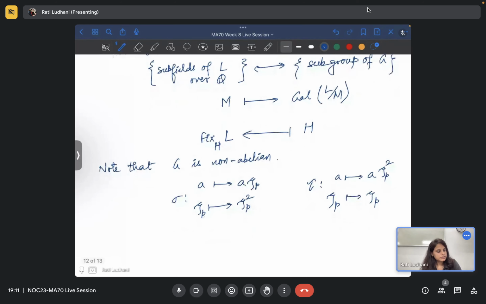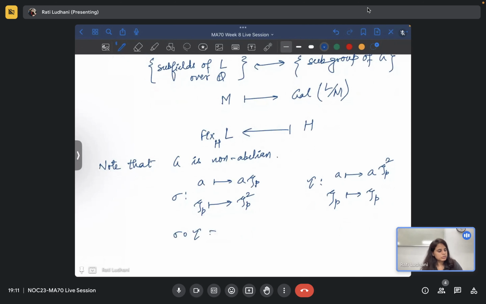Let's see what sigma of tau is. If you want to check whether it is abelian or not, we'll see what sigma of tau and tau of sigma are. So tau of a is a zeta p square.